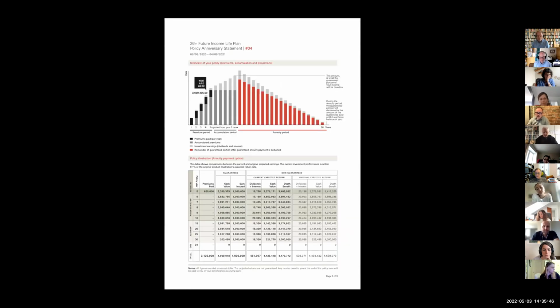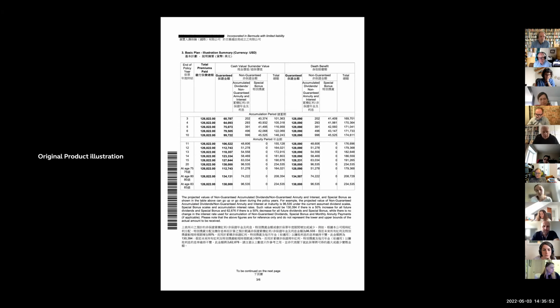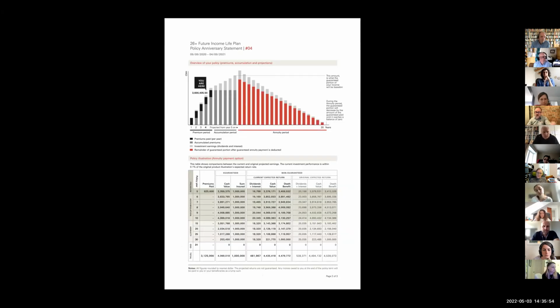We've had a crack at a new table for that, taking it from that, adding some color, clearly delineating the different periods that occur, because you've got a premium payment stage, an accumulation stage, and then an annuity pay stage where you're being paid out.